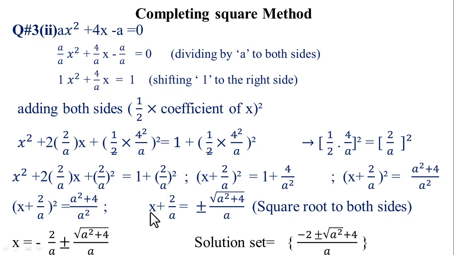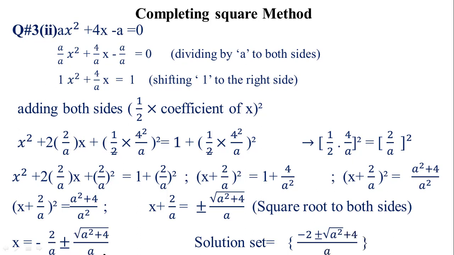Taking the square root on both sides, the square and square root on the left cancel each other. Then x + 2/a = ± √(a² + 4)/a. The constant term is moved to the other side, then x = -2/a ± √(a² + 4)/a.